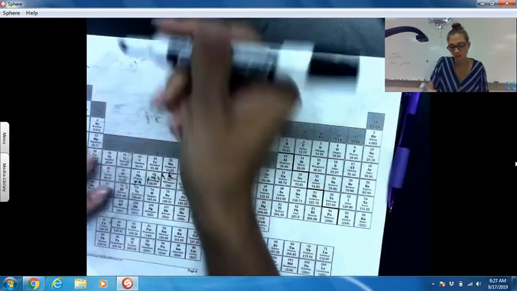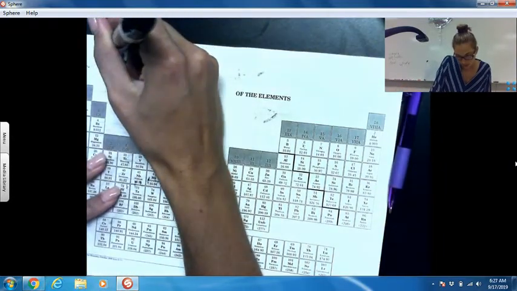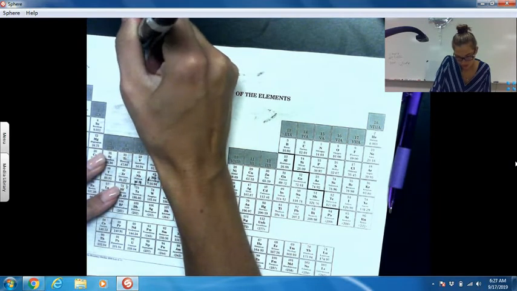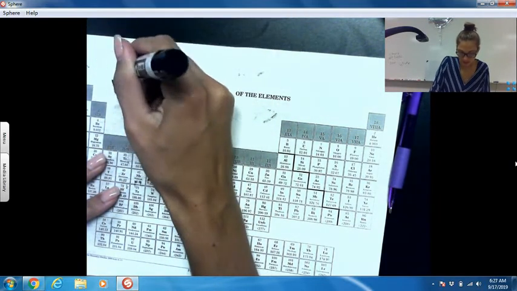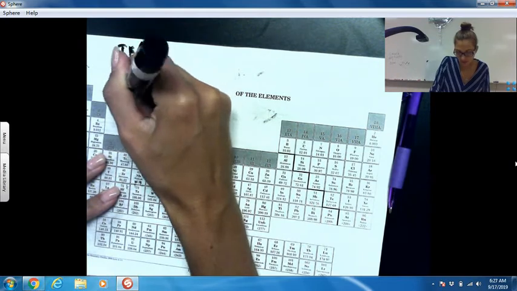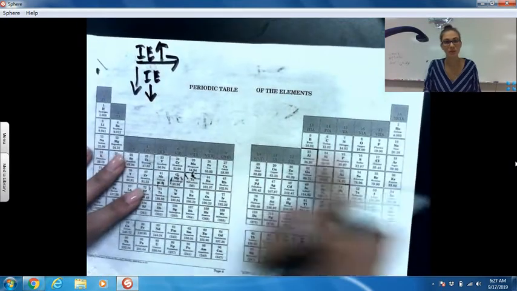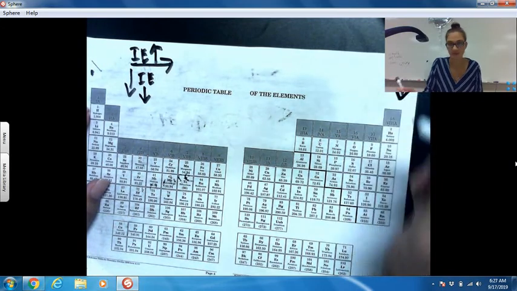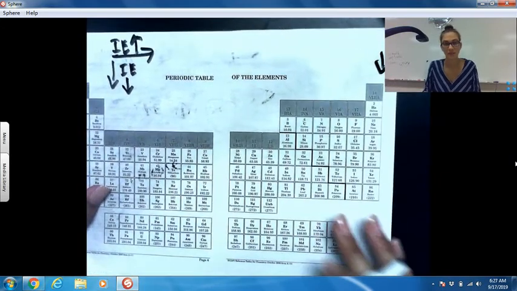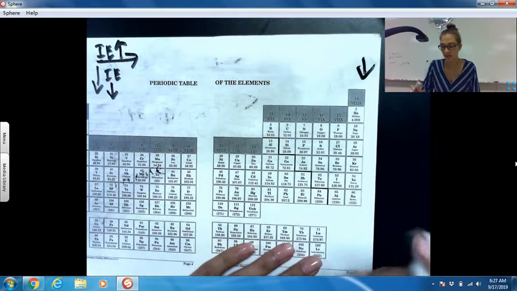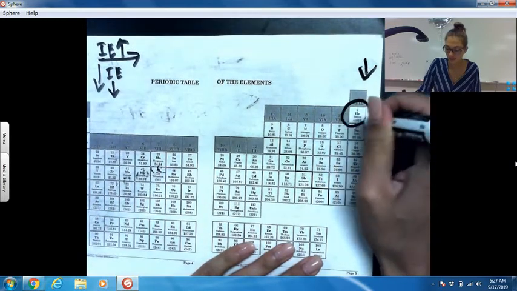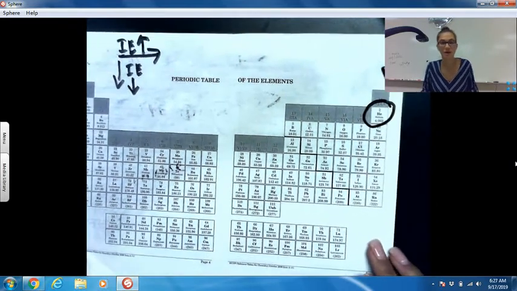Okay, so going across, IE increases, and going down, IE decreases. So if we know it increases going across, we're looking on the right-hand side of the periodic table. And we know that it decreases going down, we're looking at the top. So helium is going to be your element with the highest ionization energy.